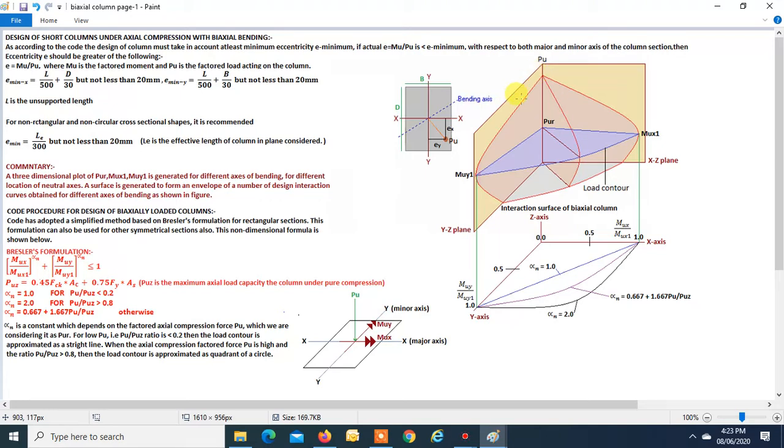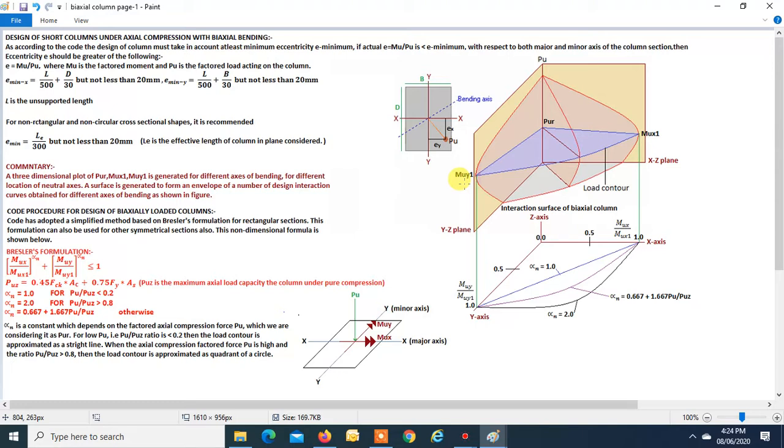Pur is the ultimate load carrying capacity of a column for a particular bending axis and the depth of the neutral axis. Corresponding to this Pur, you will get the ultimate moment capacity Mux1 on the interaction curve about the major axis, and Muy1, the ultimate moment capacity of the section about the minor axis.